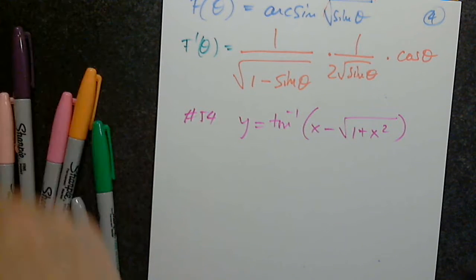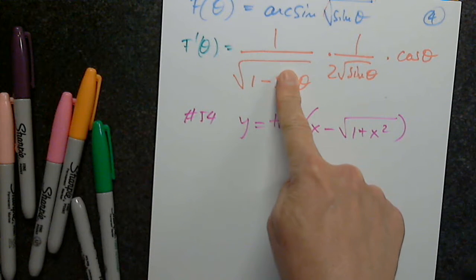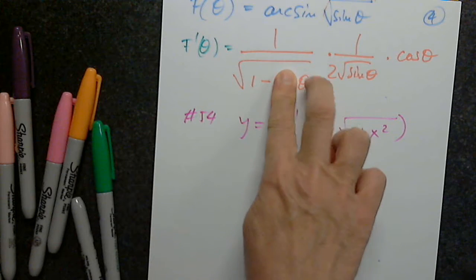For the derivative of arcsine, it would be 1 over the square root of 1 minus x squared. So would that be 1 minus sine theta squared? You want to put theta squared? Or sine squared?